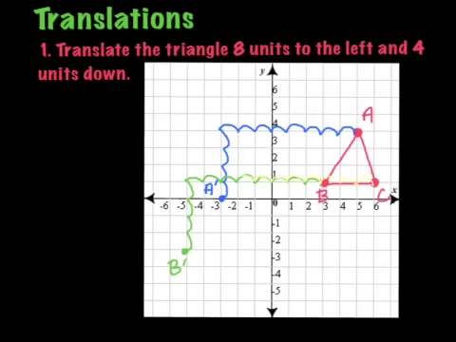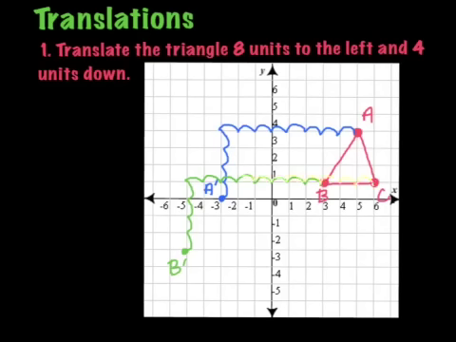So that is C prime. So let me go over that in a darker color. Here is our new triangle. Okay, so this is the pre-image, and this is our image.